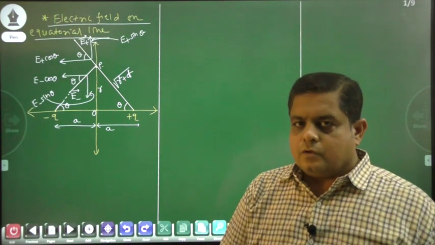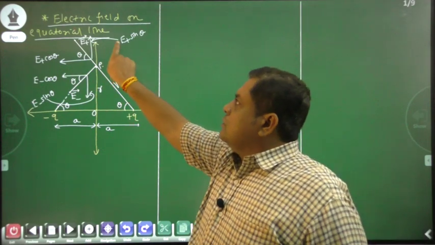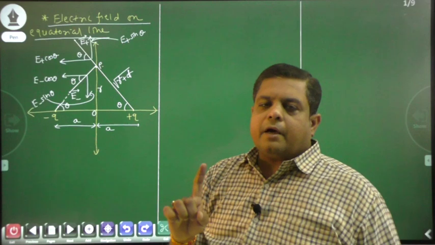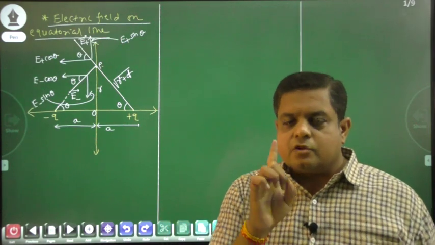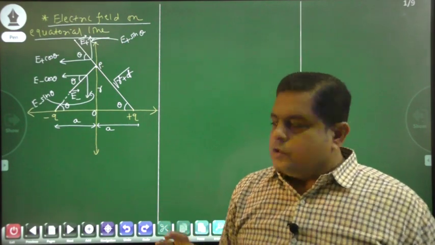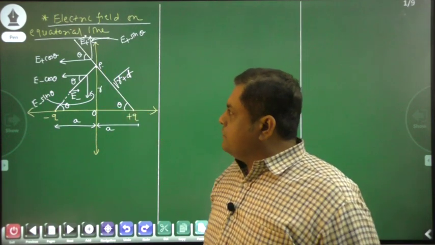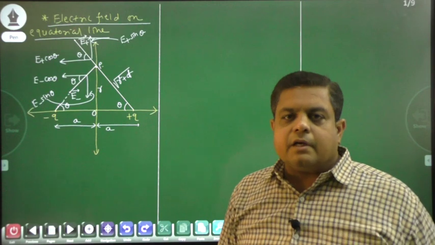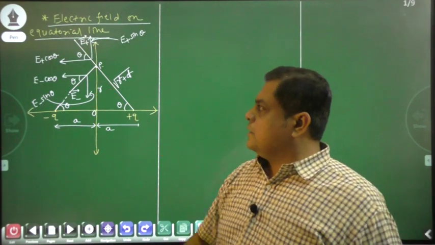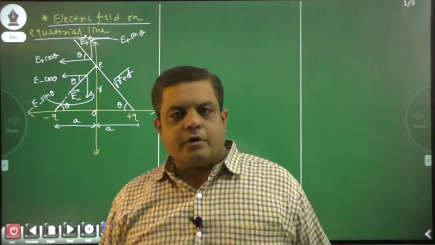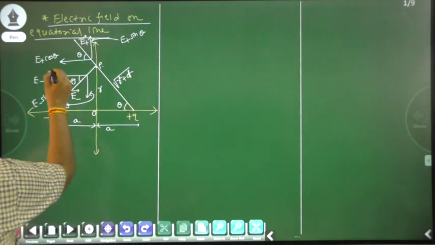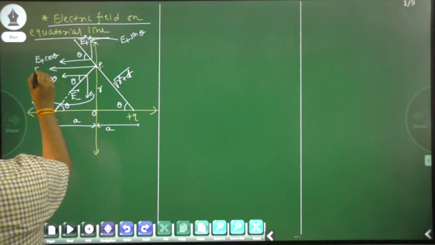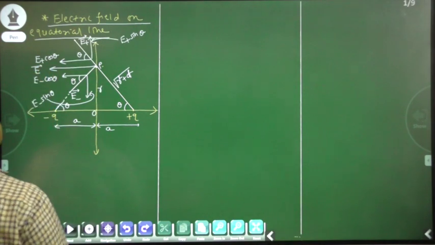So both sine components are equal in magnitude and opposite in direction, so they cancel each other. Whatever electric field we have at point P is due to the cos component. So the resultant electric field is in this direction.